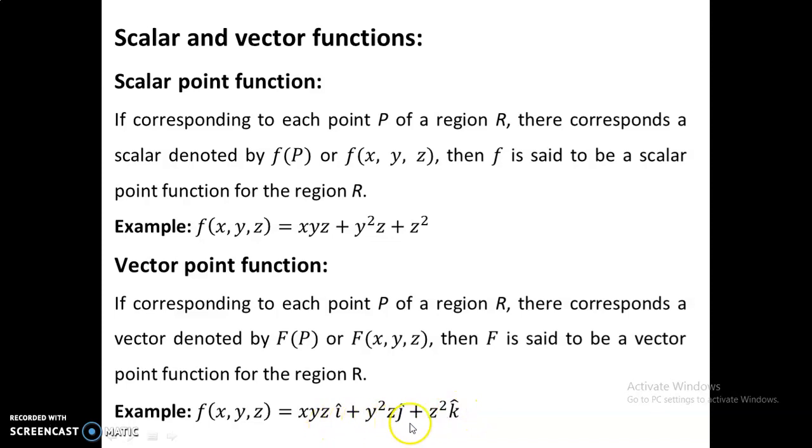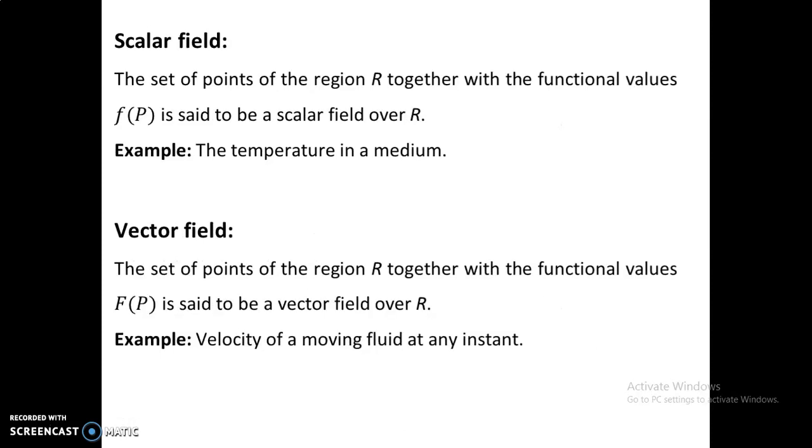These i cap, j cap, k cap are the directions of the x axis, y axis and z axis respectively, and these are the quantities along the x axis, y axis and z axis respectively. And what do you mean by scalar field?